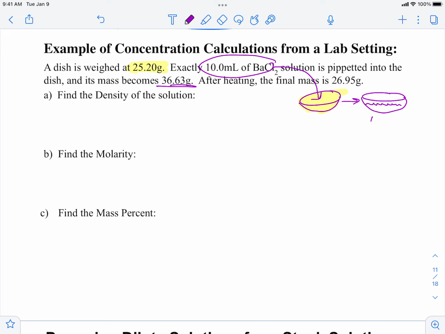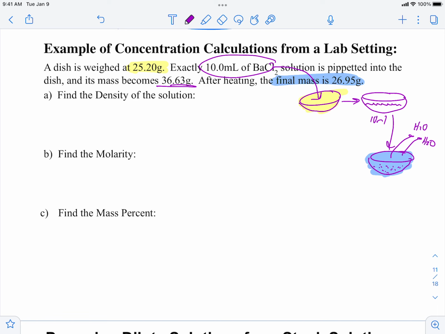So there's our solution in there, 10 milliliters of solution. And then we heat it, and anytime you heat a solution, it's the water that evaporates, but the solute usually stays. And then it's weighed again. The final mass is 26.95 grams.